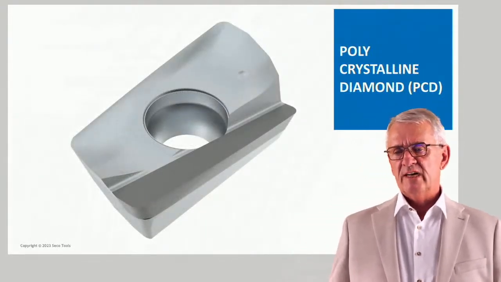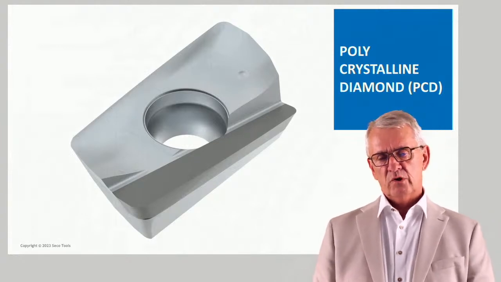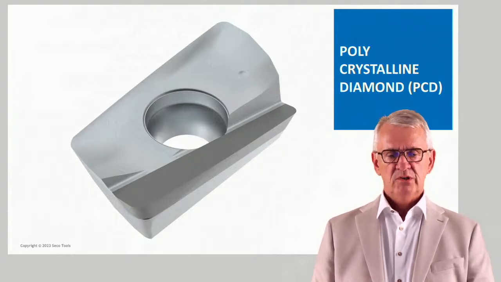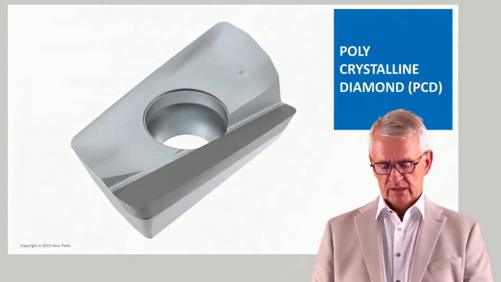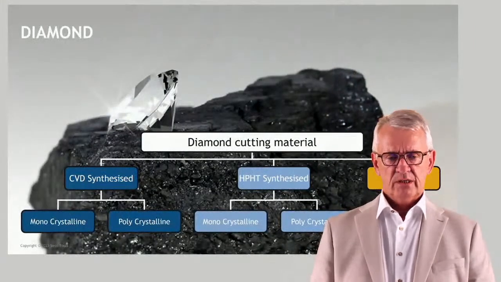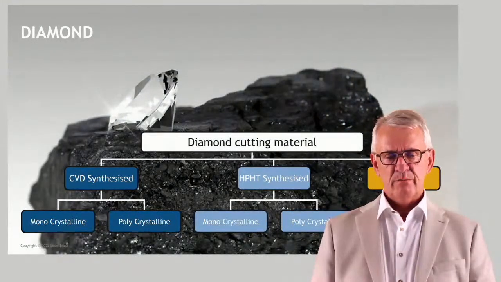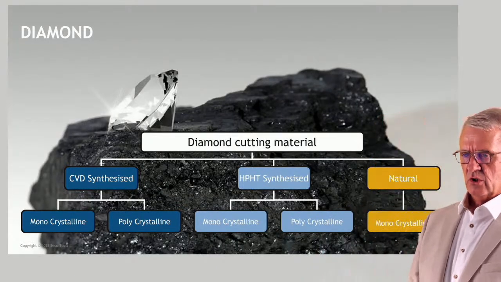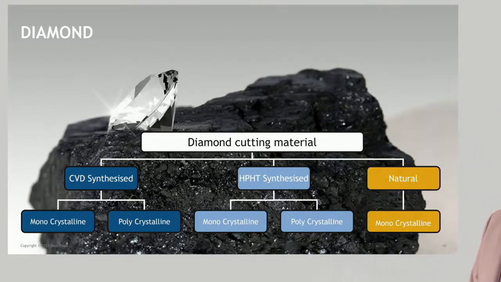And now to end the session of today, some more detail on PCD. Polycrystalline diamond we use today as a cutting material. If we try to classify diamond as cutting materials, we have natural diamond, which is in some applications used as a cutting material.